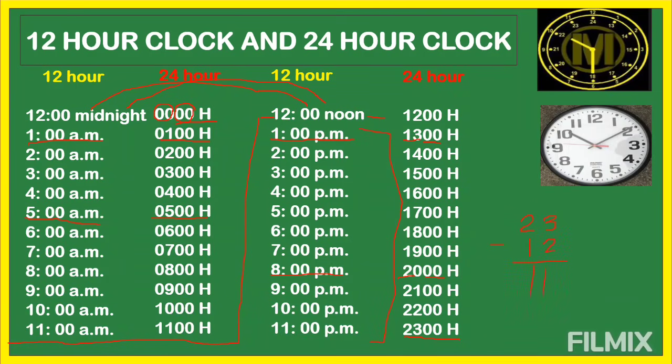And that is 11 PM, because times more than 1200 hours, like 2300 hours, are PM. So that's how we convert 24-hour clock to 12-hour clock and vice versa.